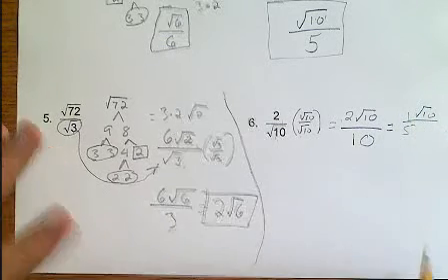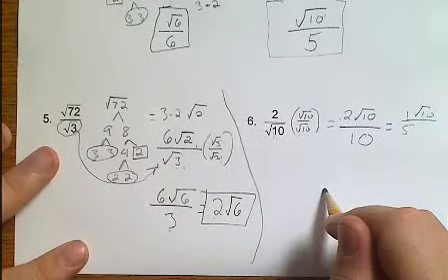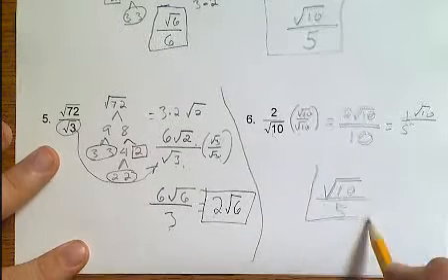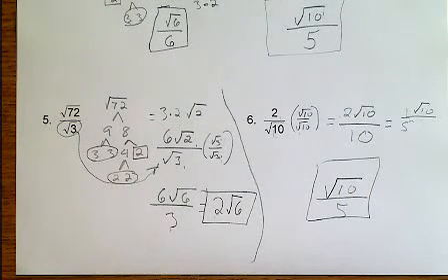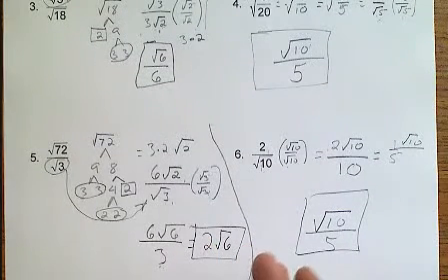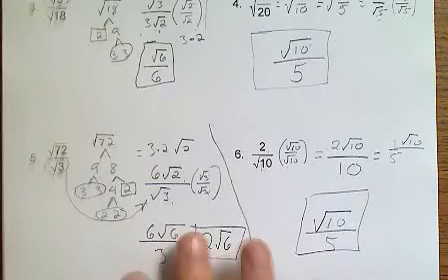And we don't actually need to write the 1, so we can just put that this is the square root of 10 over 5. Well, I've just gone over 6 examples working out how to simplify each of these radicals. Let's go to the next page and see what awaits us there.